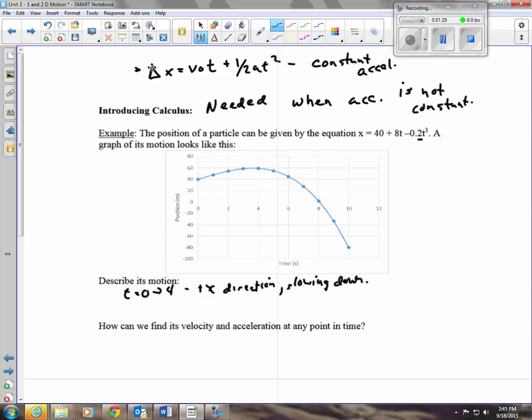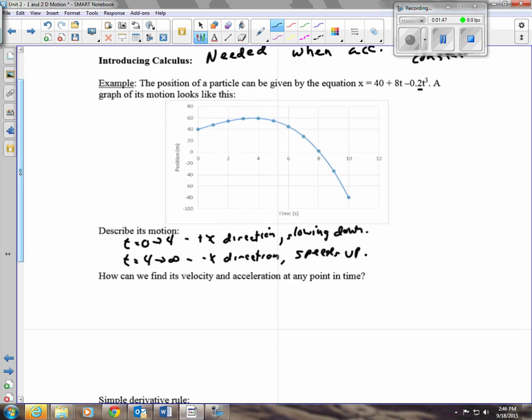Okay, and then from t is 4 to infinity, it's moving in the minus x direction and speeding up. Okay, however, I want to be able to do things like what is its velocity at any moment in time, or its acceleration at any moment in time. So that's what we're going to start learning how to do.